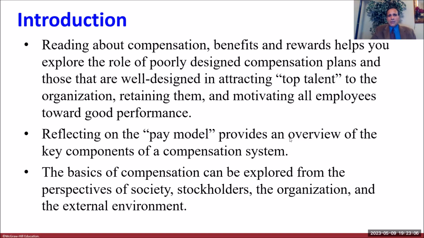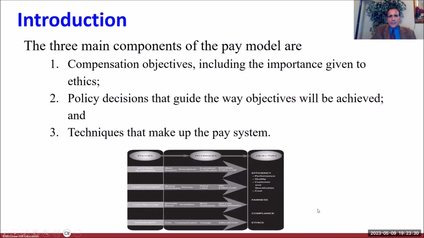So the pay model provides us an overview of the key components of the compensation system. The basics of compensation can be explored from the perspective of society, shareholders, the organization itself, as well as the external environment. And the three components are the objectives, the policy, and the techniques.